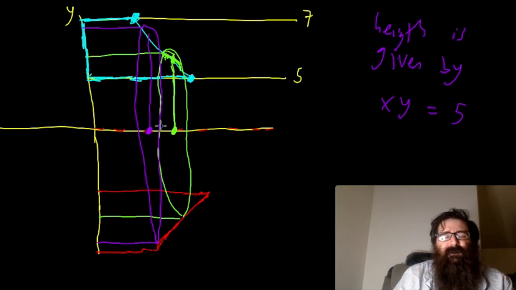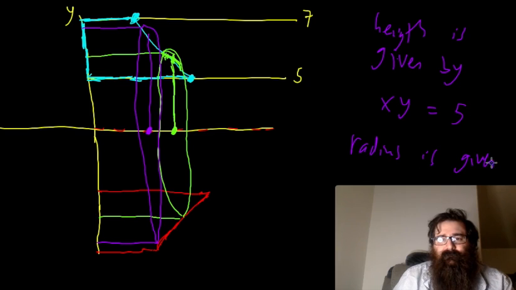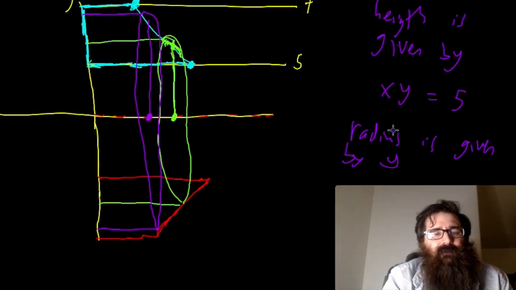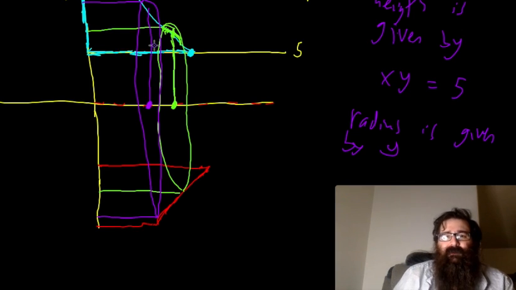And that's important to keep in mind. So the way that we would label the radius in this case, the radius is given by y. It's just this generic vertical movement that we have, and that y is going to be between 5 and 7.